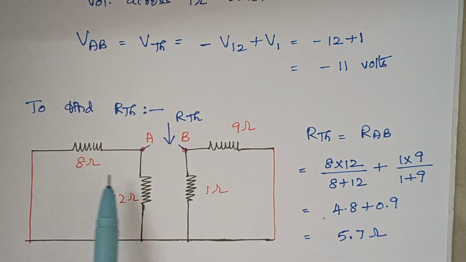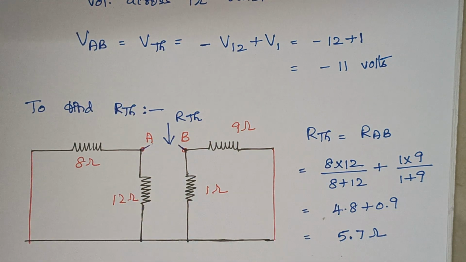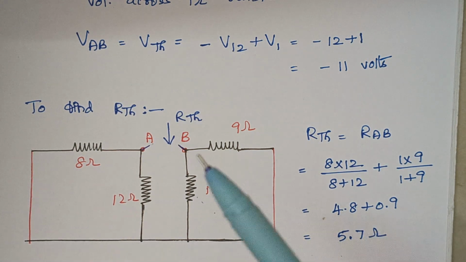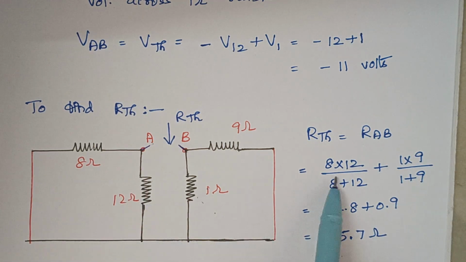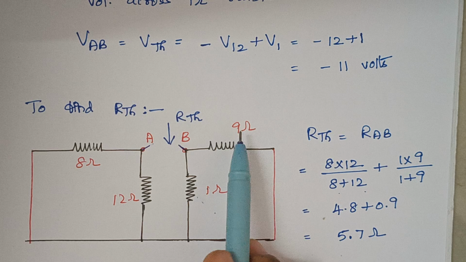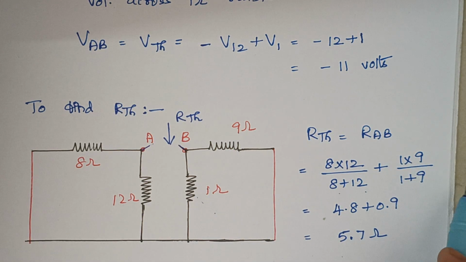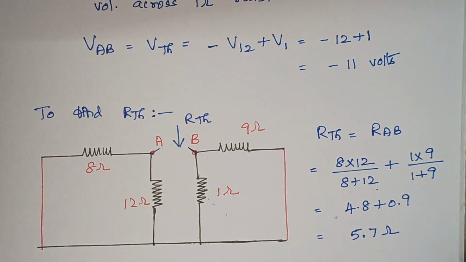These two resistors are said to be parallelly connected, and again the same way these two resistors are parallelly connected, and that combination comes in series. Therefore 12 into 8 divided by 12 plus 8, and here 9 into 1 divided by 9 plus 1. When you solve here, the final answer is 5.7 ohms.